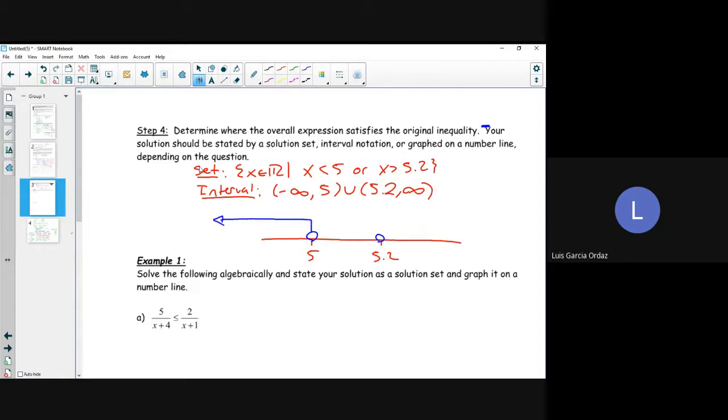And because we said x is greater than 5.2, everything is going to go to the right of 5.2. Okay? So that's how we would represent our solution in set notation, interval notation, and on a number line. Does anybody have any questions so far about this lesson?